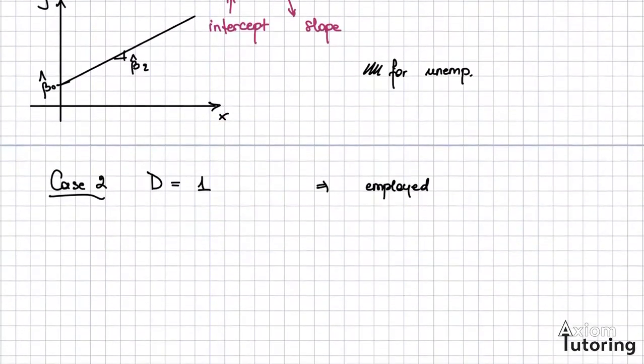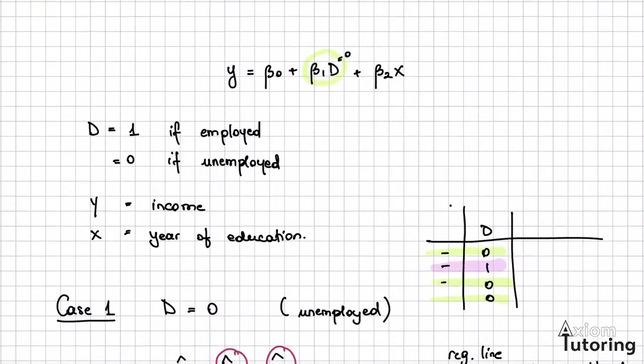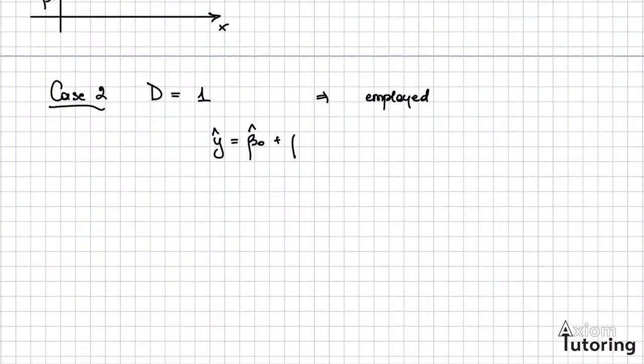And how does the regression translate here? We're going to have y hat equals beta 0 hat plus, the d has now been substituted with a 1. So if you imagine d being a 1, you're technically multiplying beta 1 times 1, which gives you simply beta 1. Then we're going to have beta 2 hat x. Look carefully here.